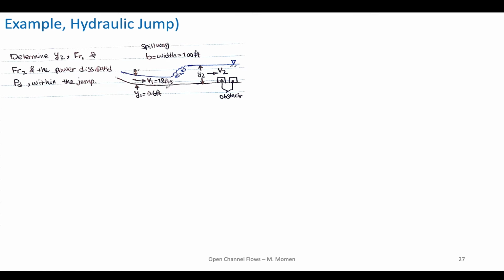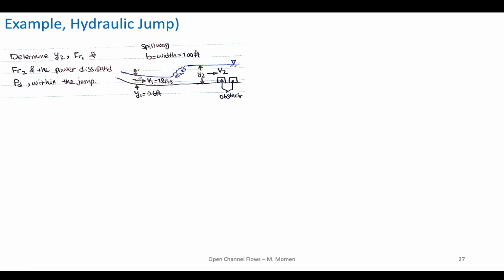Because of these obstacles, the velocity is going to decrease a little bit, and we can assume that we have a subcritical Froude number here because of this decrease.